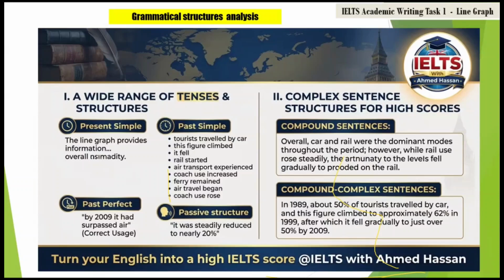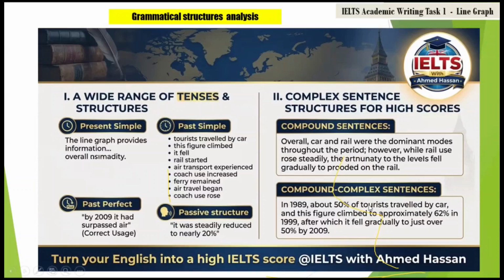If you want to bridge the gap and cross it to reach band 6 or band 7 or band 6.5, you should write compound sentences, complex sentences, and compound complex sentences. And if you visit my YouTube channel, you will learn some simple steps to create compound sentences, compound complex sentences, and complex sentences.